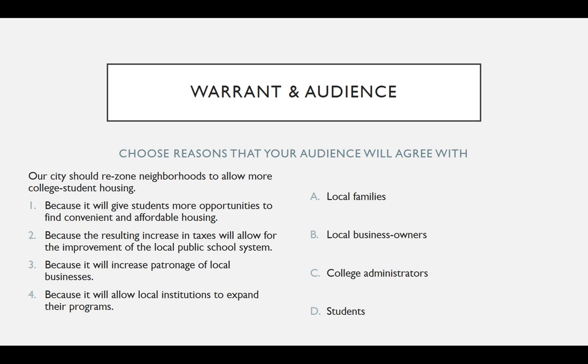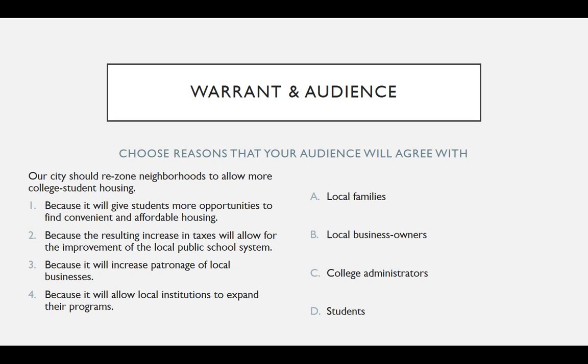Well, who cares the most if students get convenient and affordable housing? Why, students do. They want their housing to be convenient and affordable. So probably reason 1 would resonate best with students. Local families might not care that much for students to have convenient and affordable housing. Or business owners, for example.